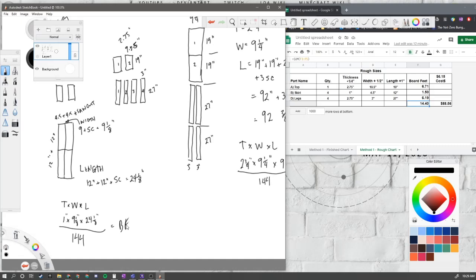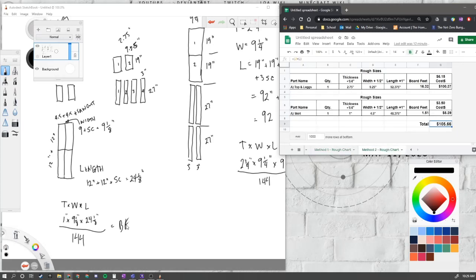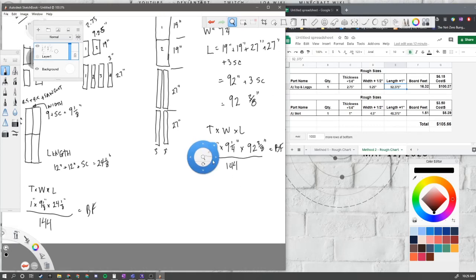Right, so we have 2 3/4 for the top. Actually, it's the next chart that I have there. Okay, so for the thicker ones, it's 2 3/4 by 9 1/4 by 9 3/8, just off screen.